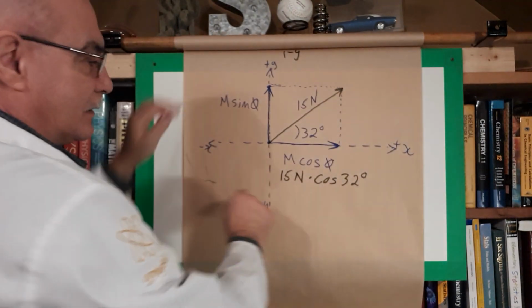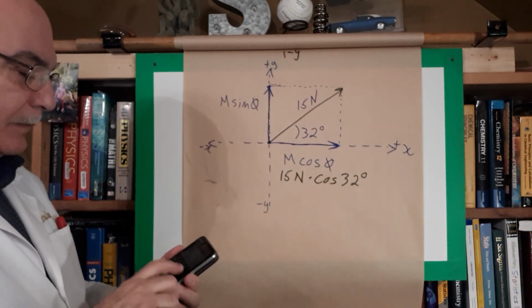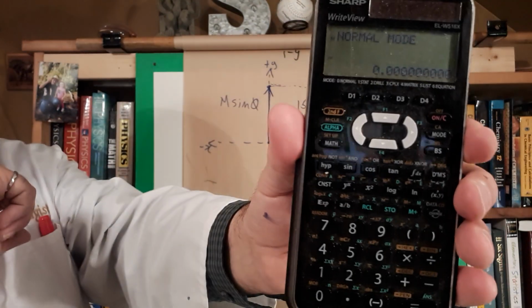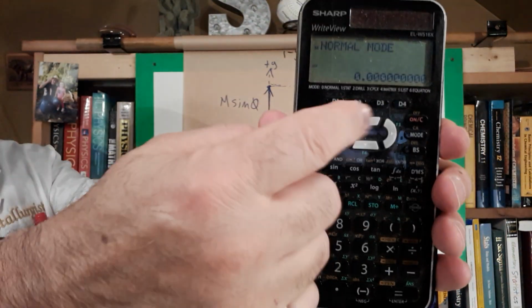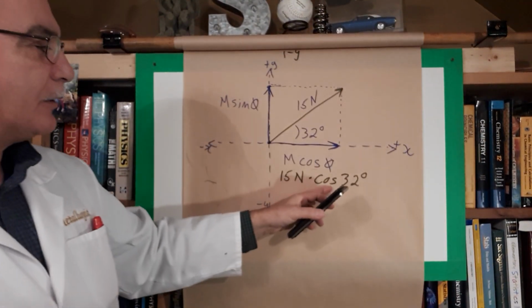I'm going to put this in my calculator now. Be sure your calculator is set to degrees. I have this here set to degrees. And you notice on my calculator I have all the digits shown. I'm going to put in cosine of 32.